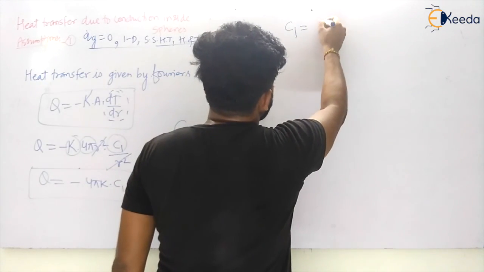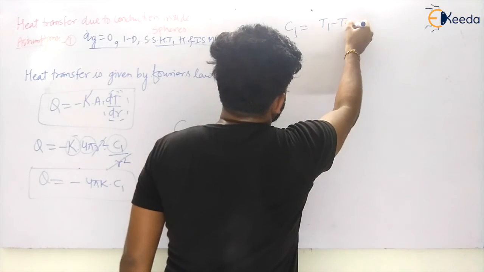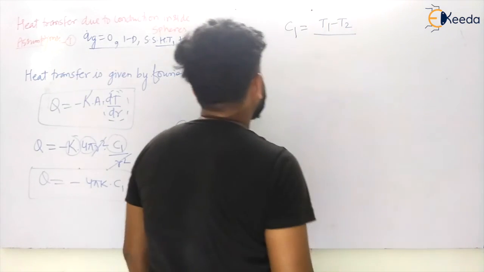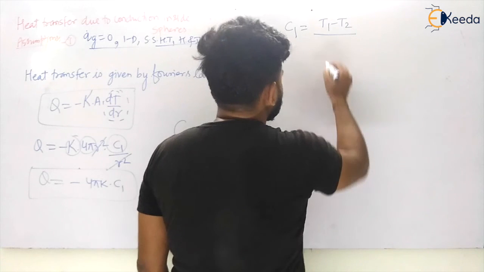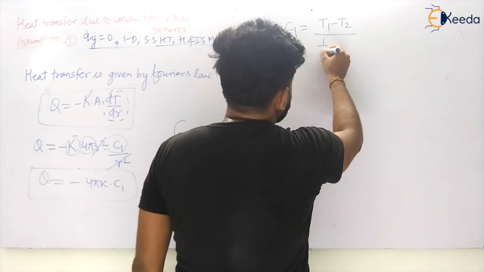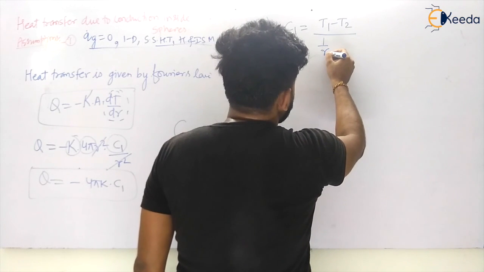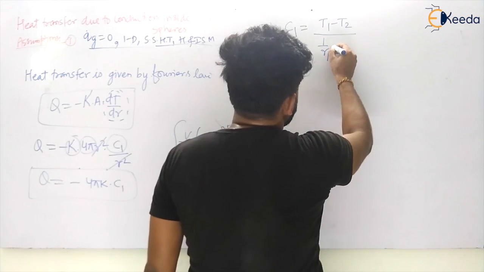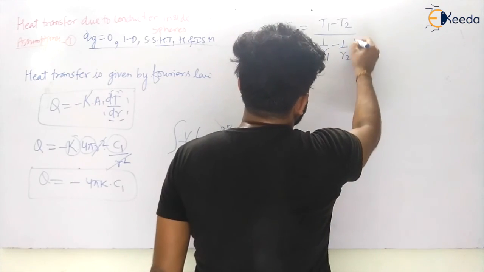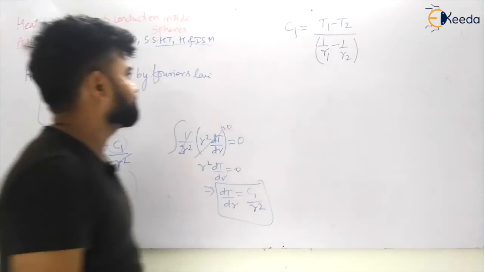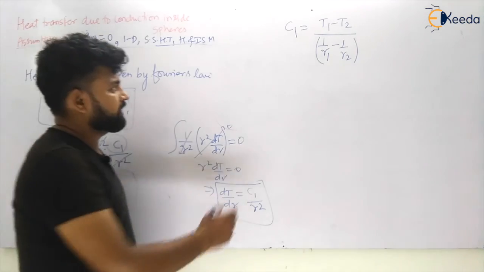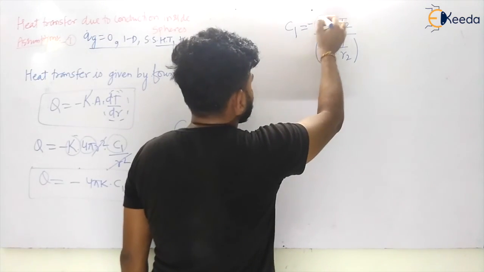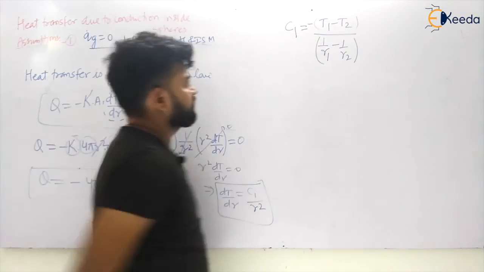C1 was equal to T1 minus T2 divided by, it was R2 minus R1 something. So I have taken T1 minus T2, that was 1 upon R1 minus 1 upon R2. Okay. So this will be the value of C1.